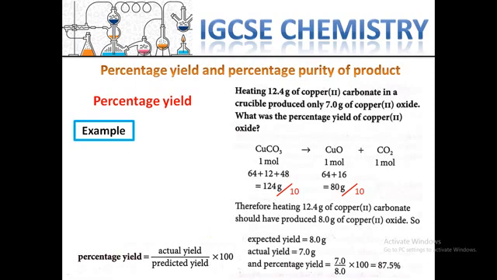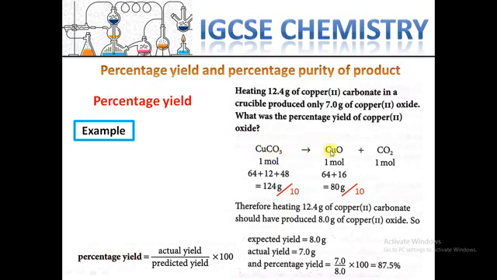There is one example from your book. Heating 12.4 gram of copper 2 carbonate in a crucible produced only 7 gram of copper oxide. What was the percentage yield of copper 2 oxide? So this is the reaction.